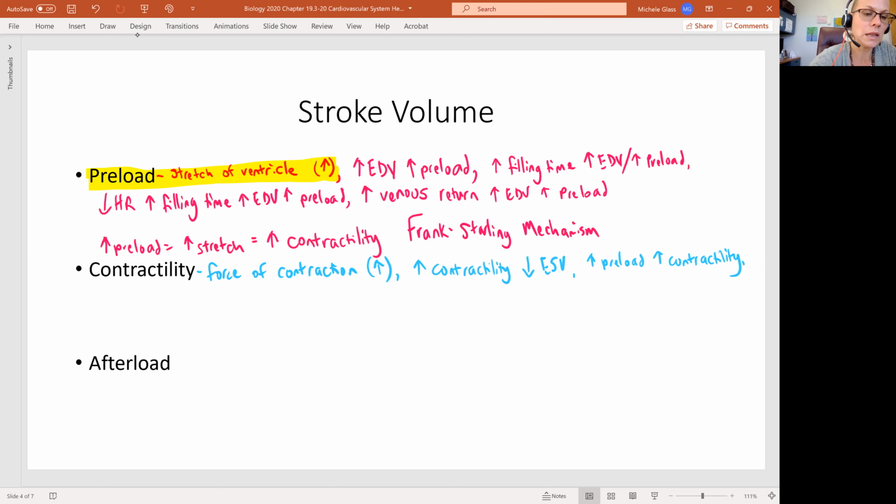We'll also see that the sympathetic nervous system, the release of the epinephrine and the norepinephrine, is going to increase contractility. And then we'll see that calcium ion also increases contractility.